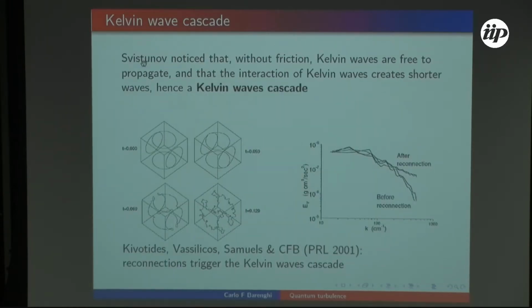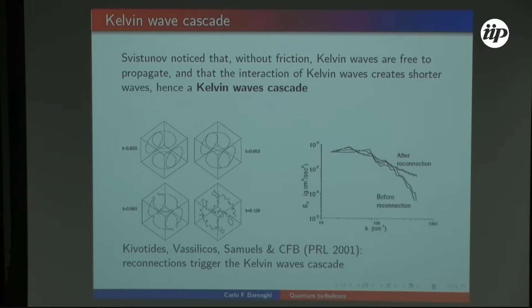And so then Svistunov thought of a possible way of explaining some experiments about the decay of turbulence below 1 Kelvin as a process of Kelvin waves which interact with each other, generate shorter Kelvin waves, which generate even shorter Kelvin waves.